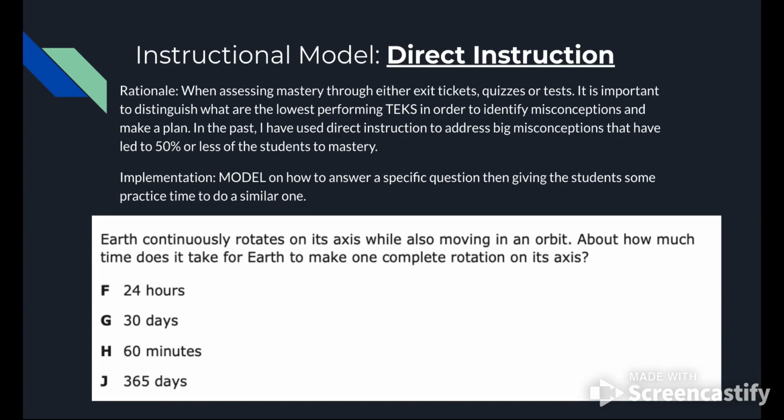In this specific example, I have used direct instruction to address big misconceptions that have led to 50% or less of student mastery.